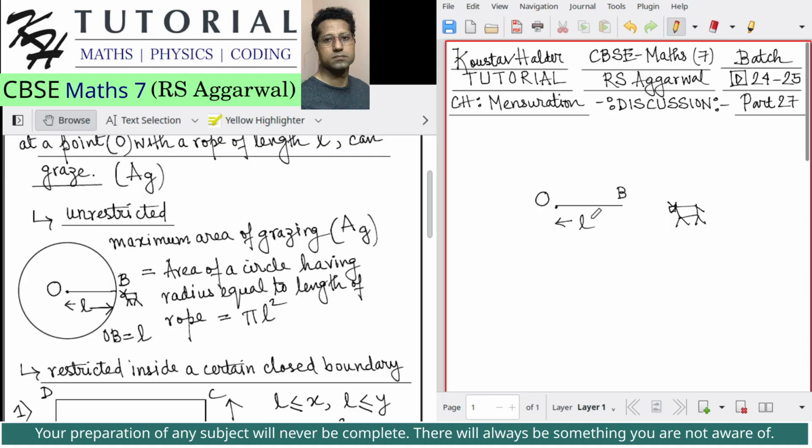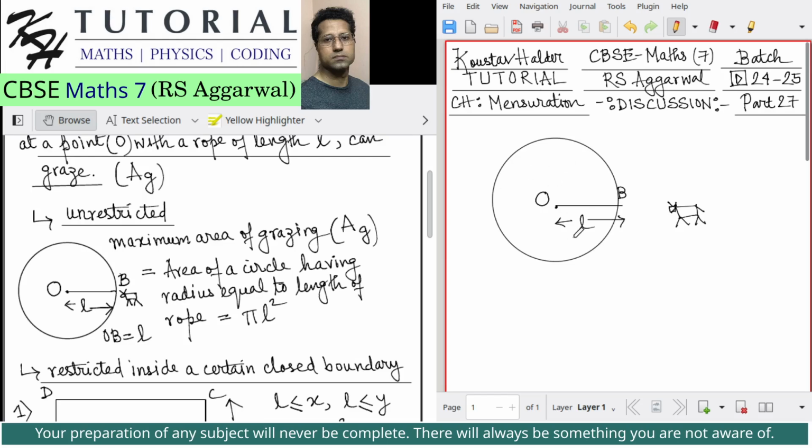As you can see, the maximum area that the animal can cover will be the area of the circle which is centered at the point O and having a radius of length L. So it will be this circle. Please consider this to be a circle. So this is the area.